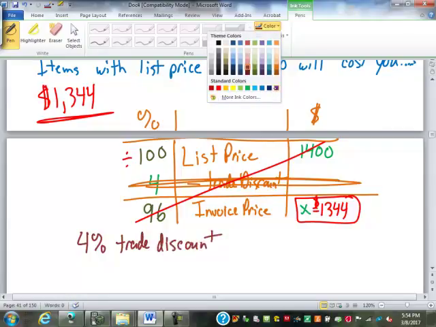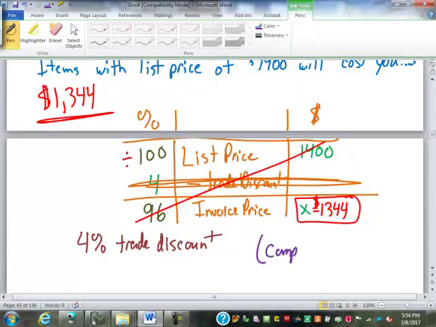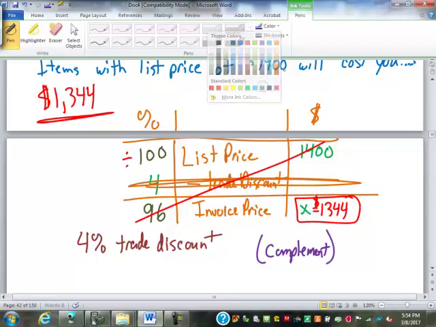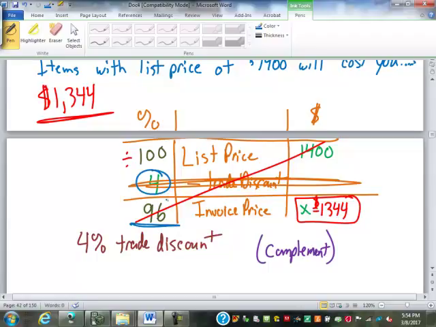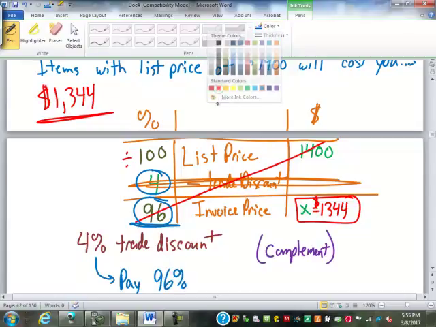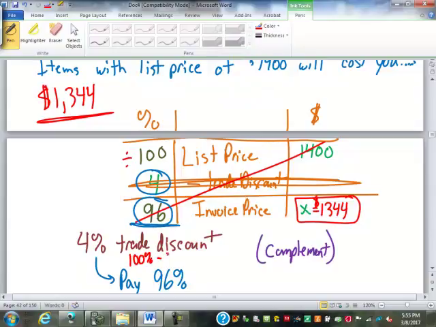We have to use something called the complement, which is a really complicated word for a fairly simple concept. It's what we did up here. If there's a 4% discount, what percent are we left to pay? 96%. Complements are just two things that add up to the whole thing, in other words, two things that add up to 100%. So if we have a 4% trade discount, that means we pay 96%, the complement. In other words, 100 minus 4 gives us that 96.